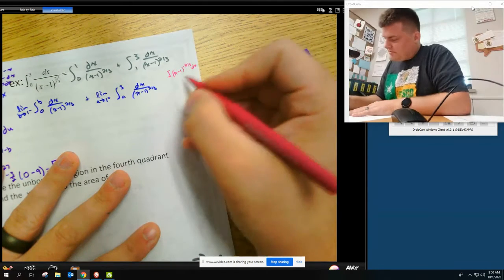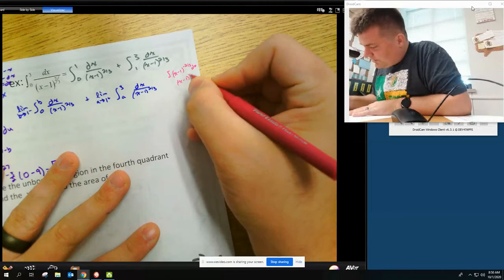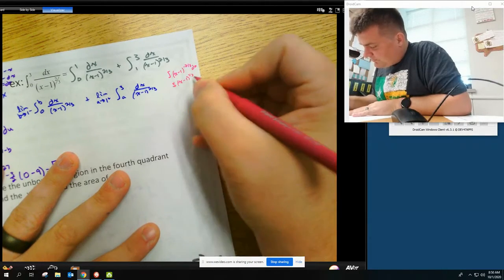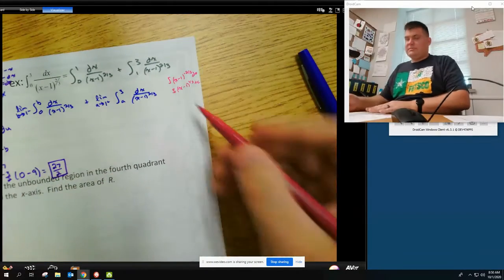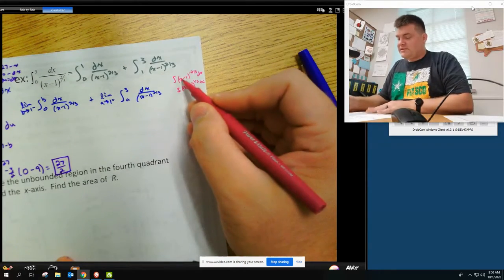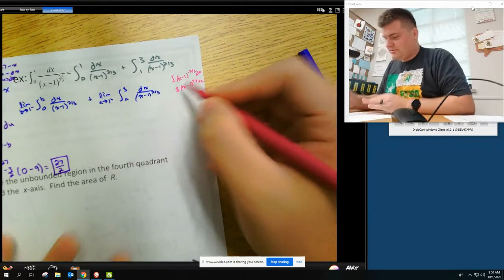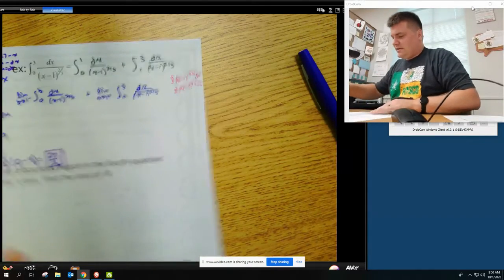This would be a baby u sub. This would just turn into x minus 1 to the 1/3, flip that, times 3, plus c. It's a baby u sub because the derivative of the inside is just 1, so there's no actual u sub that's going to happen here. So I'm using this information to help me integrate.